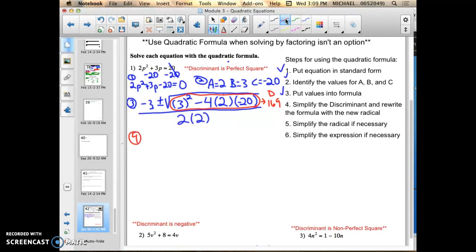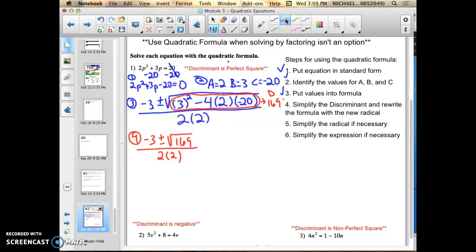Step 4 states I simplified it, so this is part of step 4 over here. Now I'm going to rewrite the entire quadratic formula with the new radical. So I have opposite b plus or minus the square root of 169 all over 2 times 2. All right.